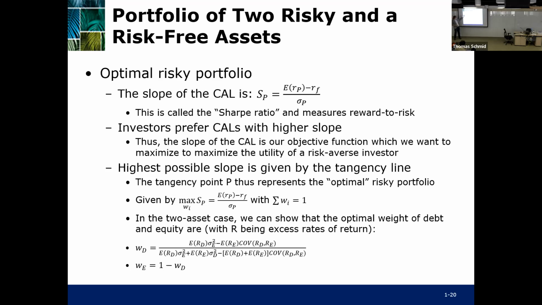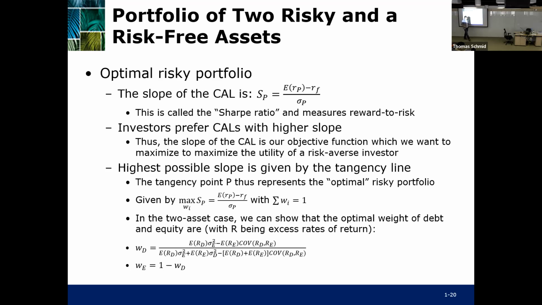Graphically, that's very simple. That's the tangent line. Analytically, you can also do that. The problem is you maximize the slope under the condition that the weights add up to 1. But this optimization, we don't do it. It's a little bit complex to really do the calculation, and it's honestly also not super important how exactly that looks.